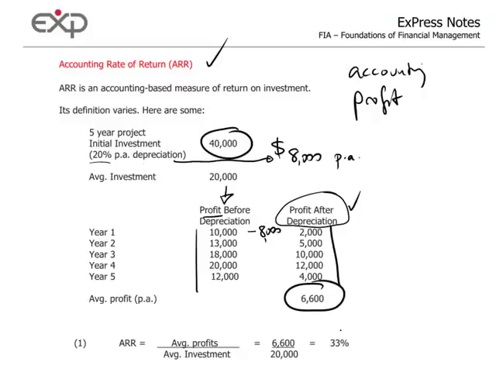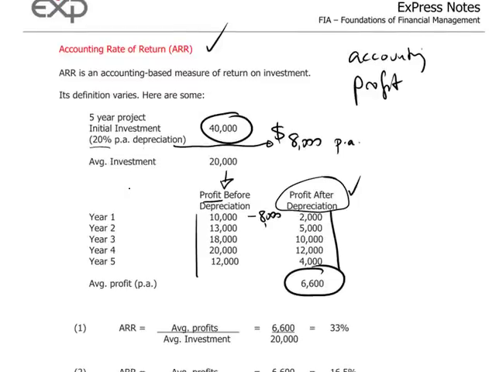So the accounting rate of return, if it's based on average investment amount, will calculate an average rate of return of $6,600 divided by 20,000, or 33%. How do we get to 20,000? How do we explain the average investment of 20,000?